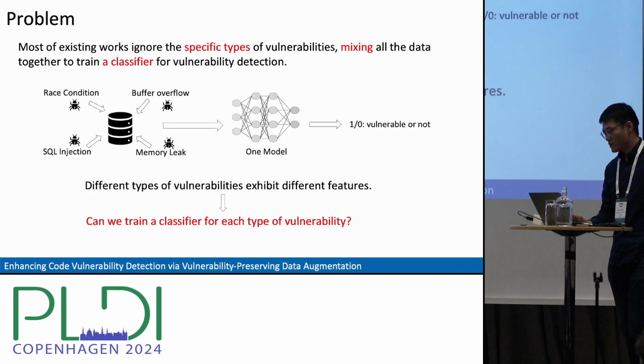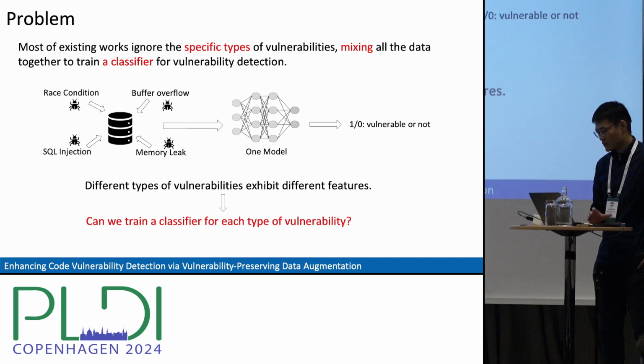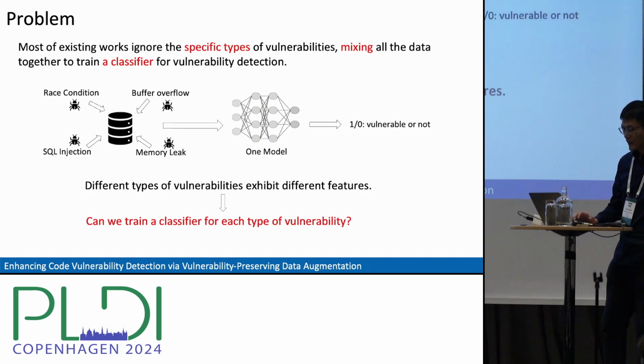Through our broad literature review, we observed that most existing work ignores the specific types of vulnerabilities. They usually mix vulnerabilities from different types, such as CWE, for example, buffer overflow and memory leak together to train the classifier.